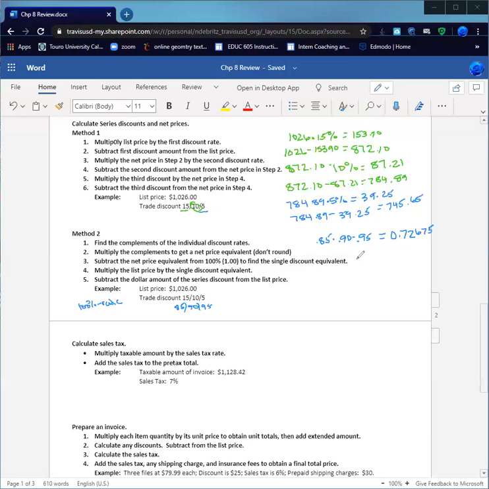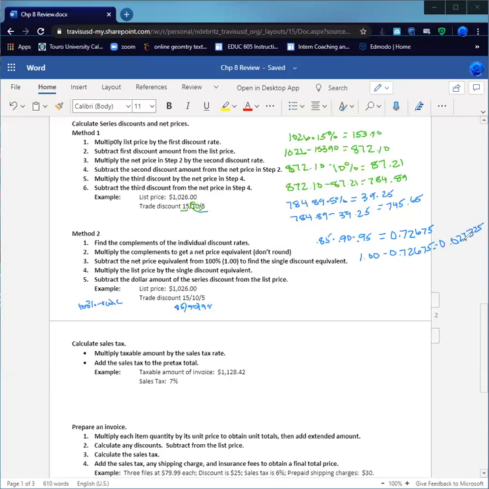Then I'm going to subtract that from 100%. So it's going to be 1.00 minus the 0.72675, which is going to equal 0.027325.